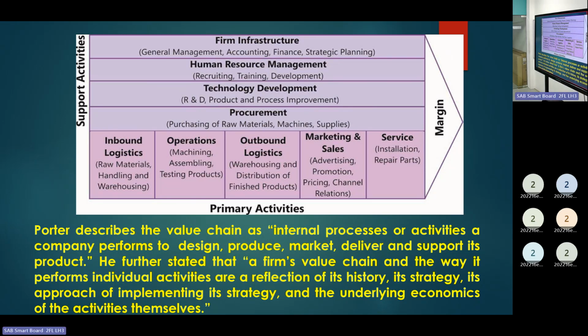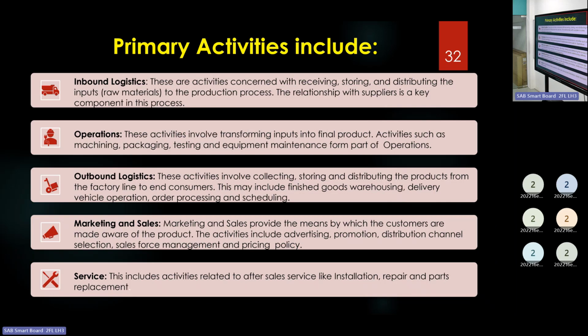And you need some services, after sales services like installation, repair, providing spare parts, those types of services. So those are the 5 areas: inbound logistics, operations, outbound logistics, marketing and sales, service. Here you see them one by one.